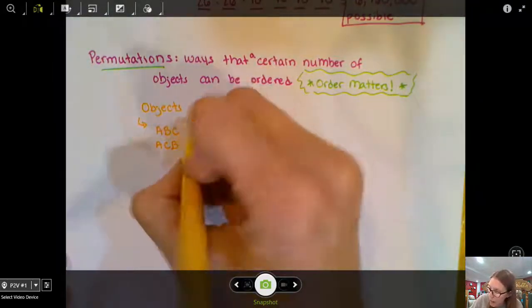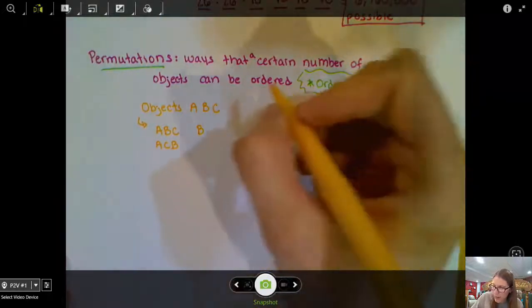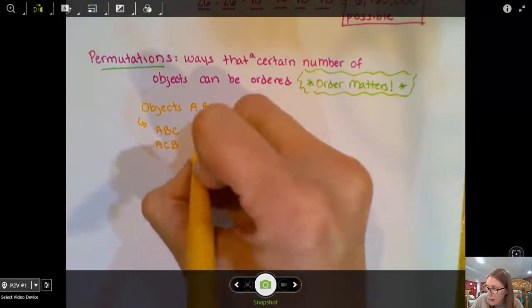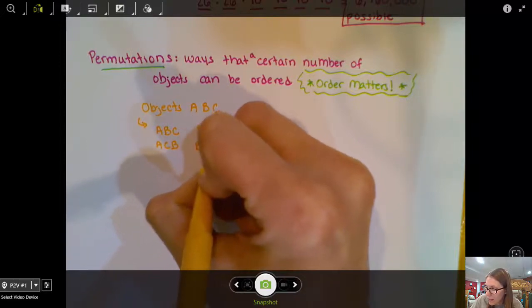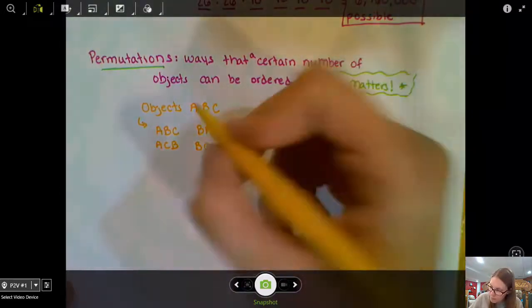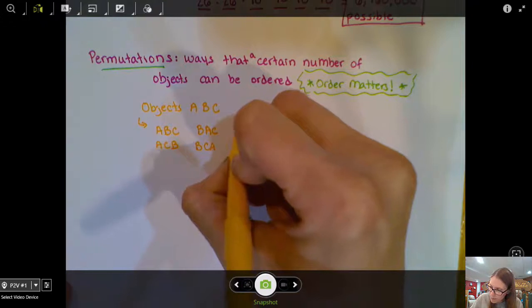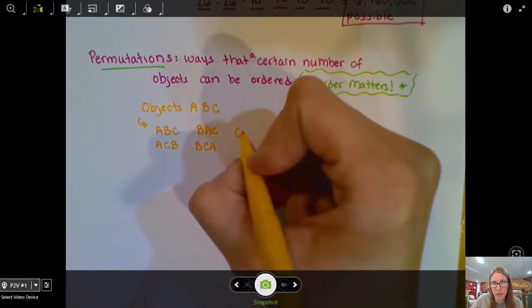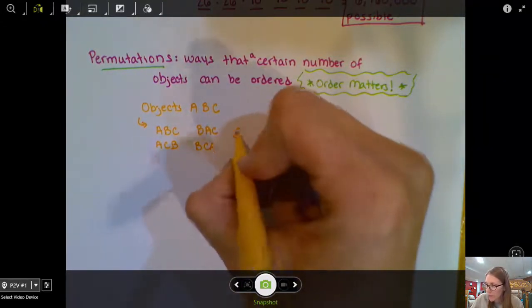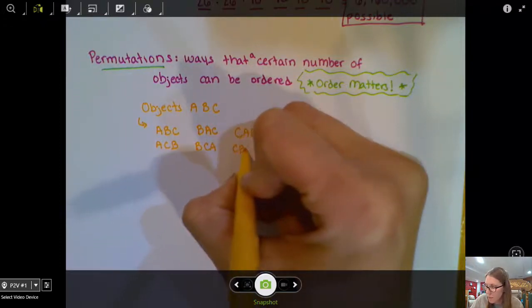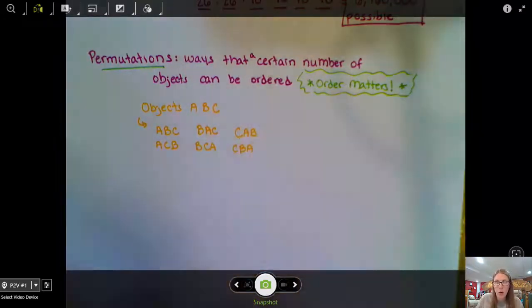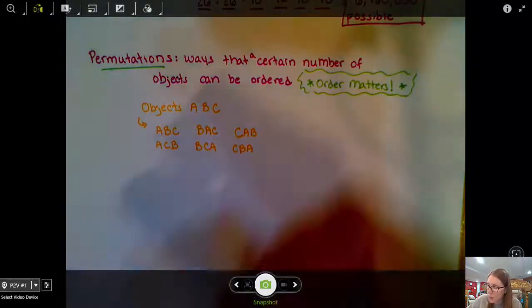If I start off with object B, now I have 2 letters left, A and C. I could have the A come first, I could have the C come first. If C comes first, then I could have CAB or CBA. Okay, so there are 6 possible arrangements.